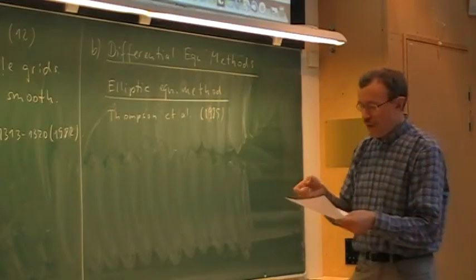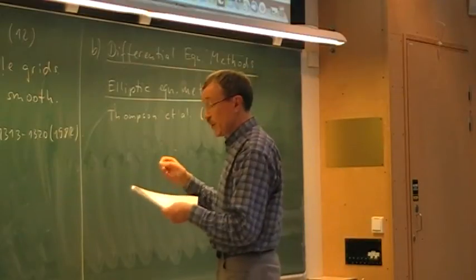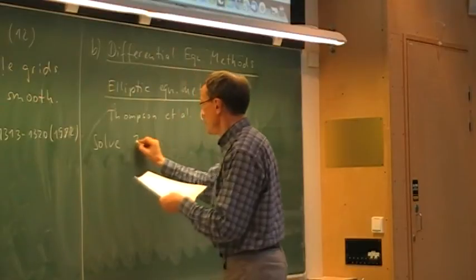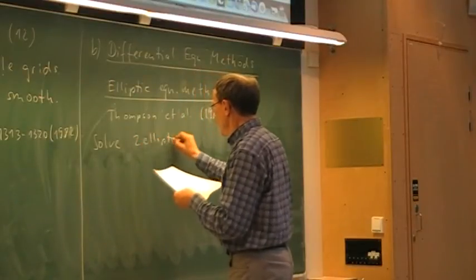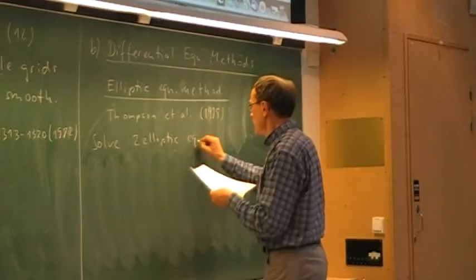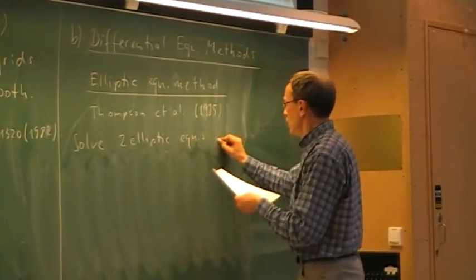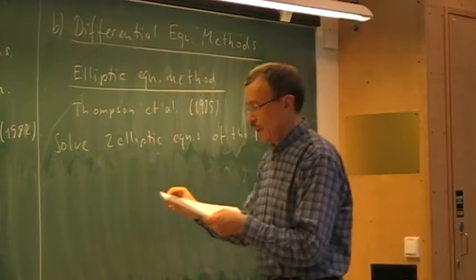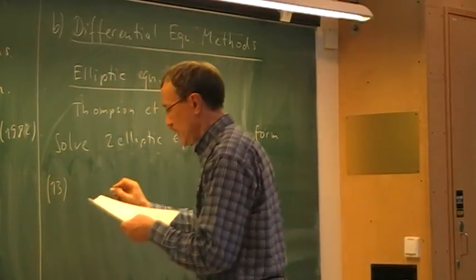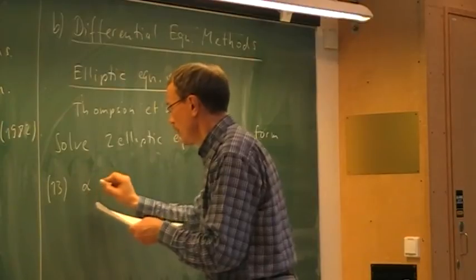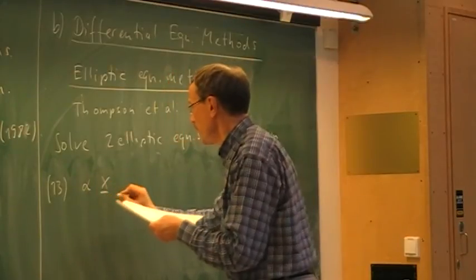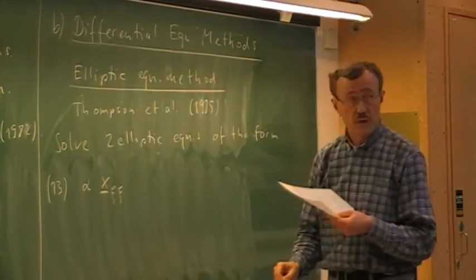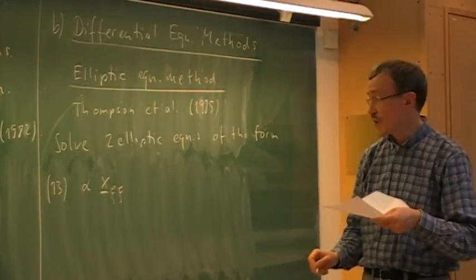And in 2D we would solve two elliptic equations. In 3D, three. So two elliptic equations of the form that we have some coefficients, and these are our coordinates, and then we get second derivatives of x with respect to psi.